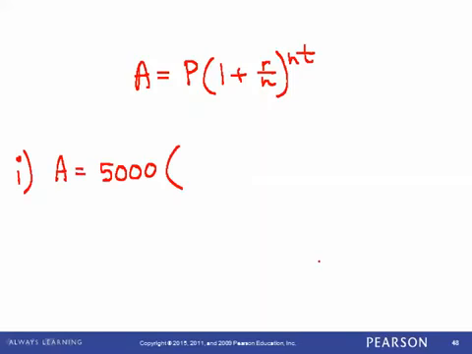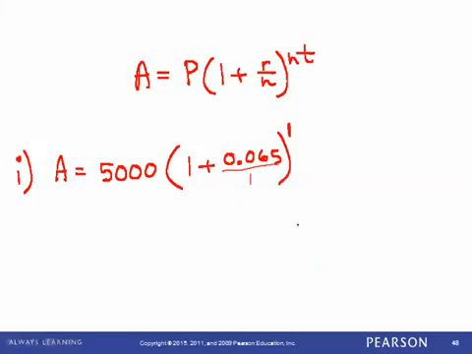So we have, again, this formula here. N is the number of compoundings per year. And so if we have $5,000, 1 plus, again, it's our interest rate of 6.5%. And then because it is compounded one time per year, we divide it by 1.